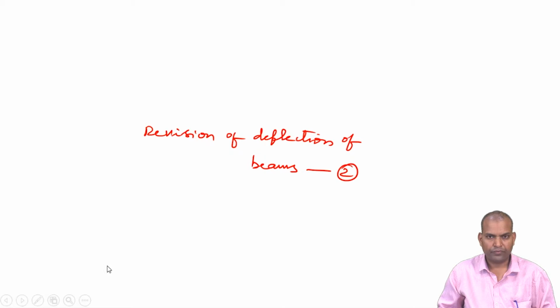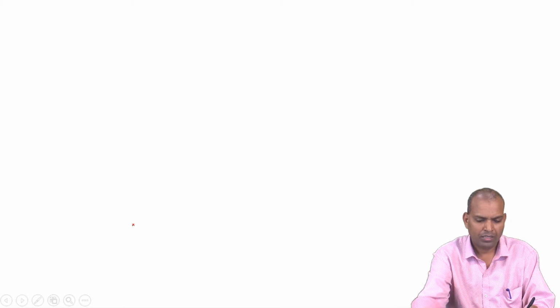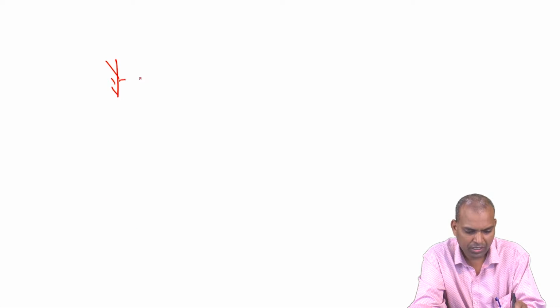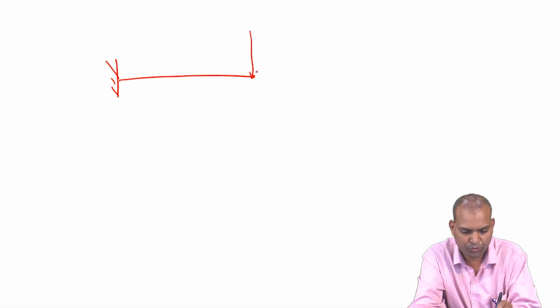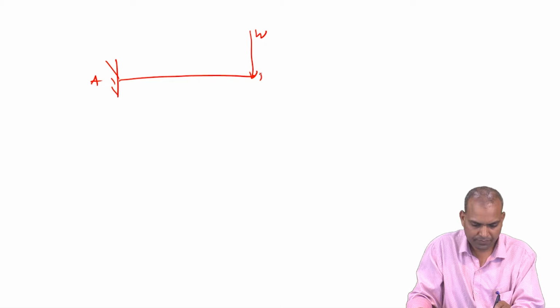In this session, we are going to find out the slope and deflection of a cantilever beam subject to a concentrated load at a distance of A from the fixed support, and uniformly distributed load, etc. In the previous session, we covered a cantilever beam subjected to a point load, and its slope and deflections.